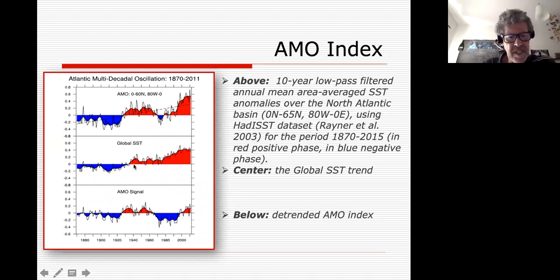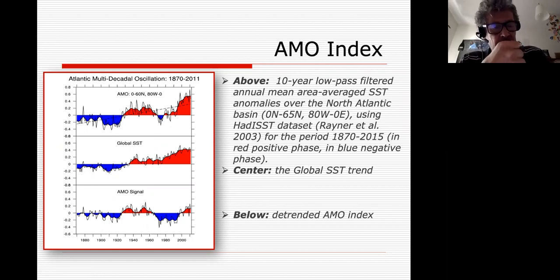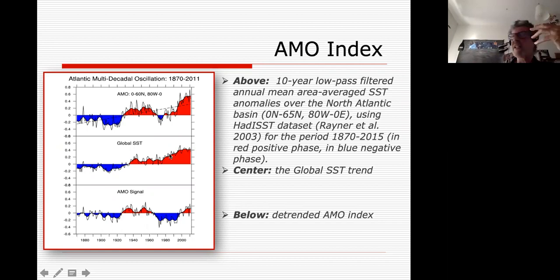And the centennial signal is quite clear. The temperatures now are higher than in the past. So if you subtract this global trend, which has nothing to do with the natural variability of the ocean, this is a forced variability due to greenhouse gases, for sure.